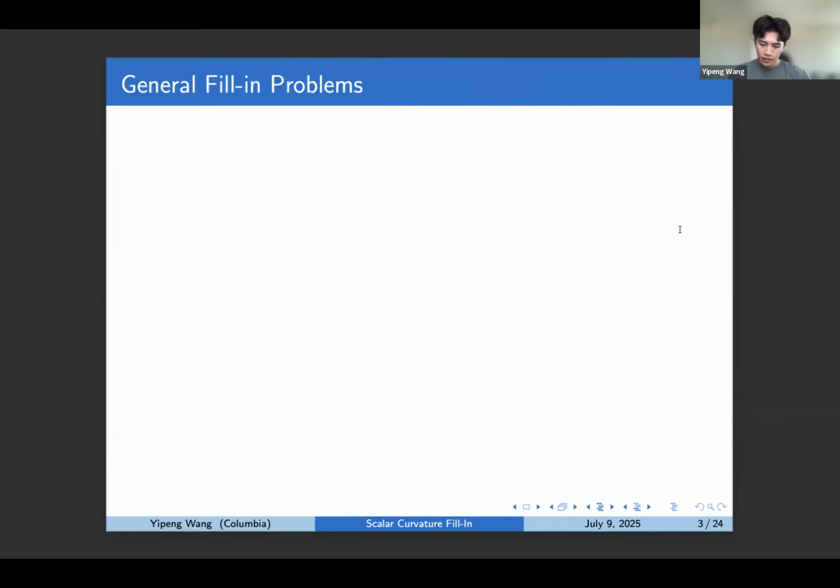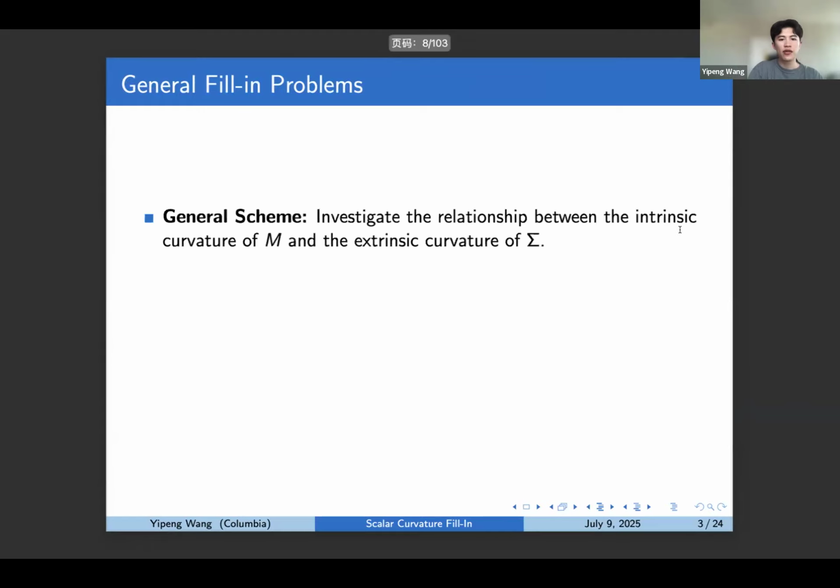These types of questions regarding fill-ins go back to some very early works and have a very general setup. The general idea, which is very broad, is to investigate the relationship between the intrinsic curvature and the extrinsic curvature.